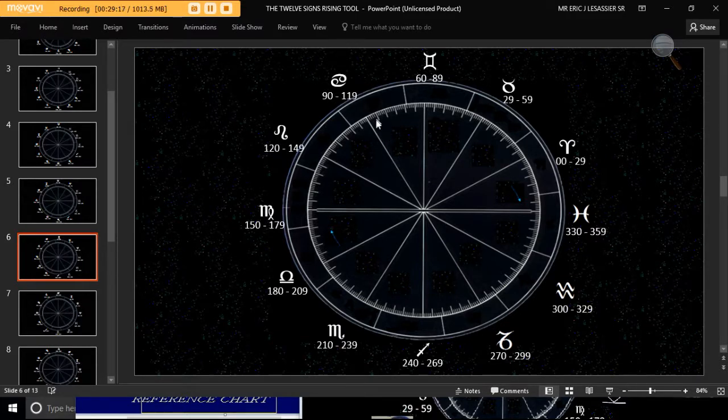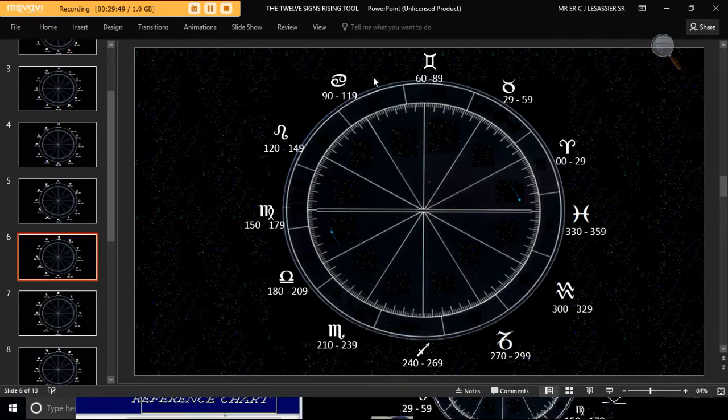And so, let me see if I have a chart. Oh man, where's my chart? This chart here, 21 degrees Cancer, right? So based on the rising, it would put a degree of the sun on this from 1 to 20 to 30, right?